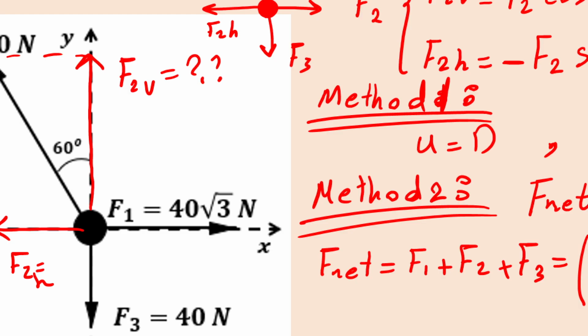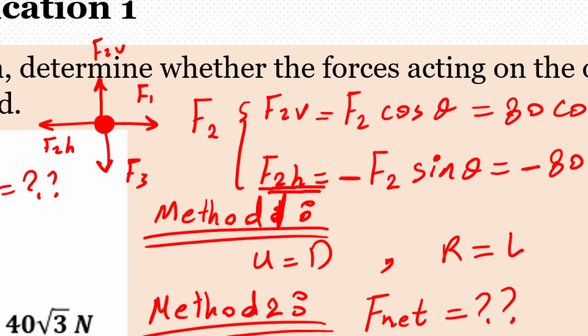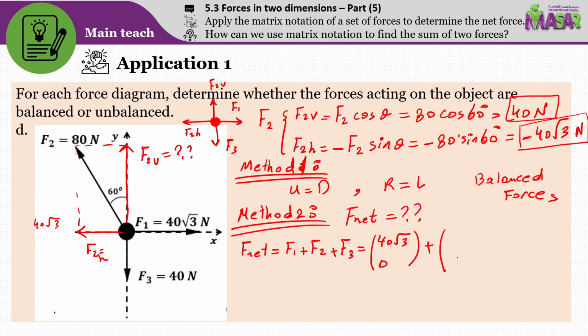There is no vertical component for F1, so the vertical component of F1 is equal to 0, and we have only the horizontal component, which is 40 radical 3. Plus, now for F2, we know that we have two components, and we found out the magnitude of each one of them with the direction. So the horizontal one is given by minus 40 radical 3, and the vertical one is 40.